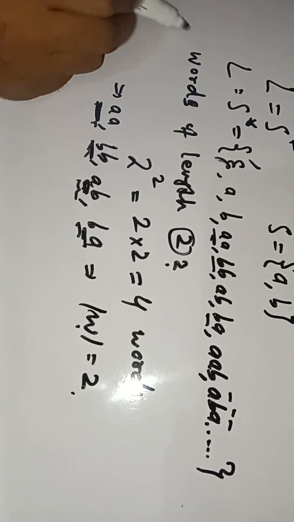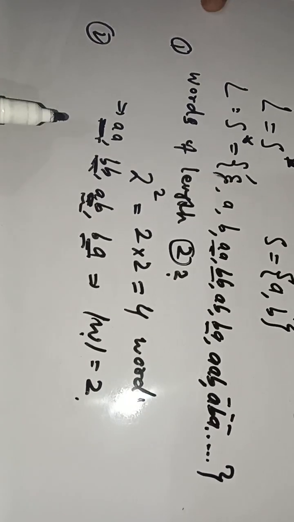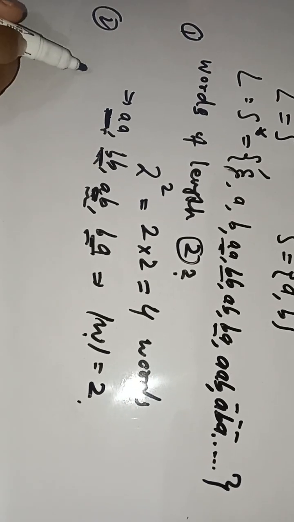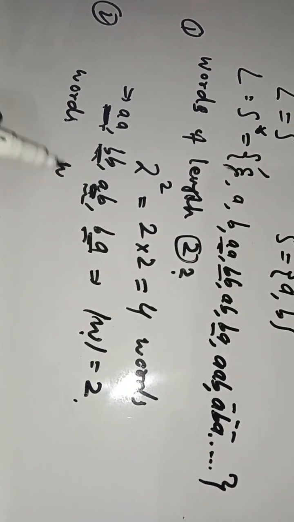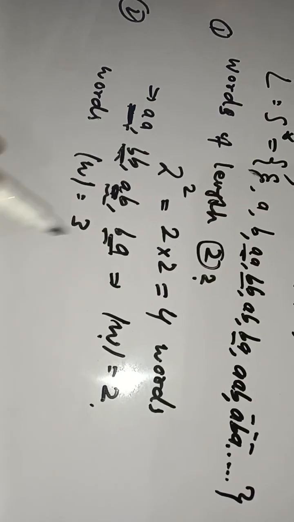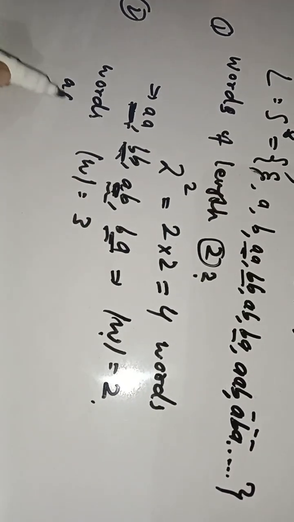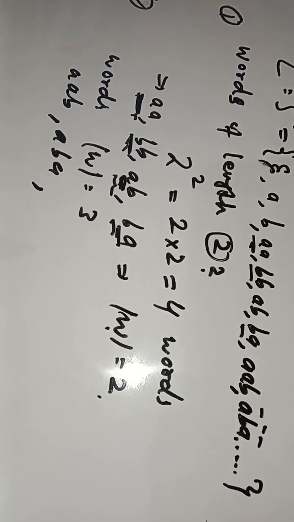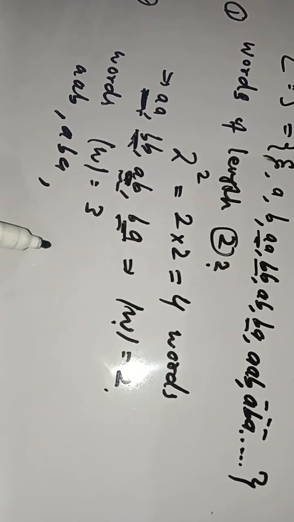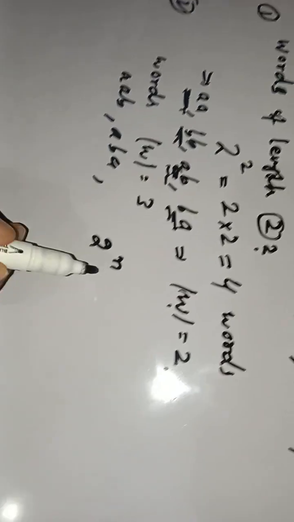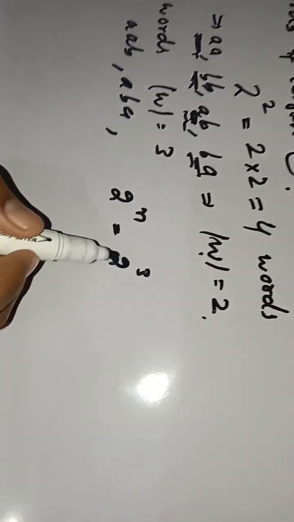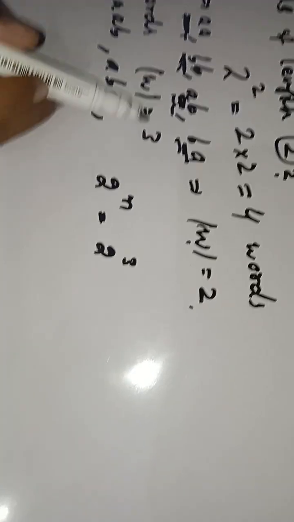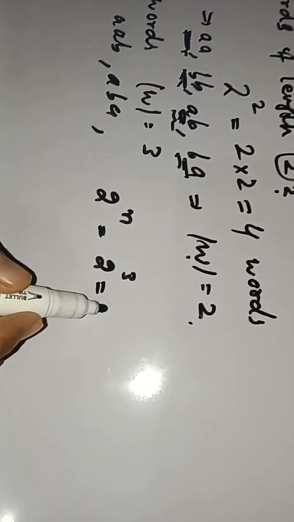Now part 2 is how many words of length 3, for example, a b a. The same scenario, we would use the formula 2 power n, where n is 3, because we require length 3, so 2 power 3 would be equal to 8.